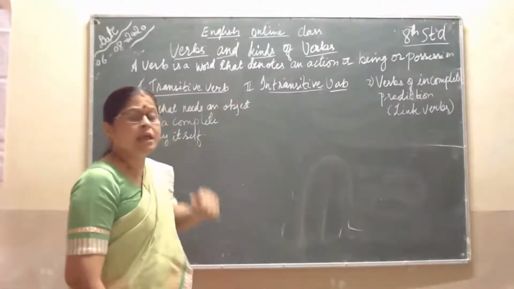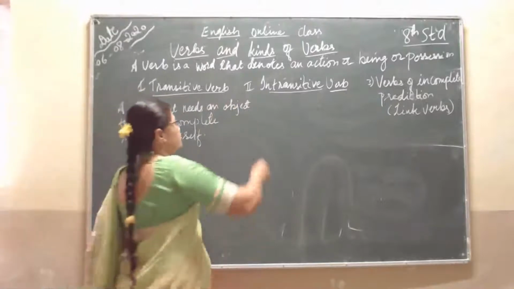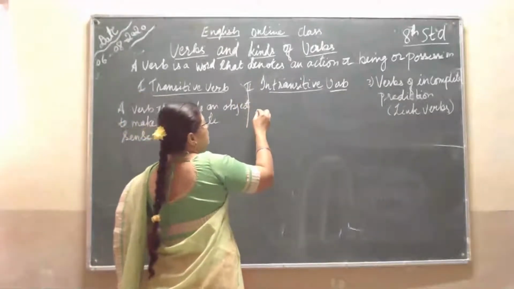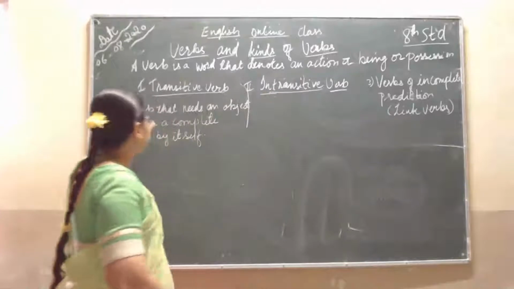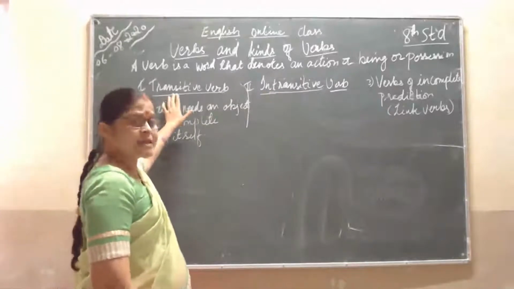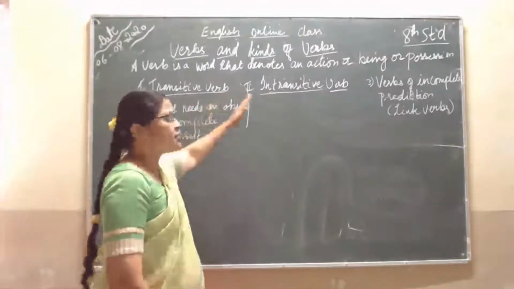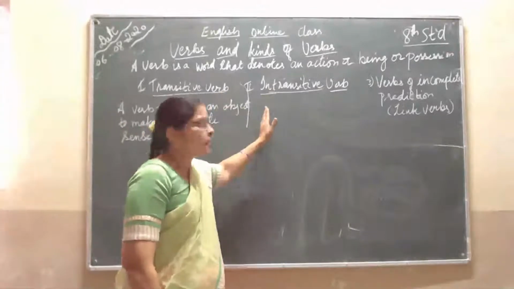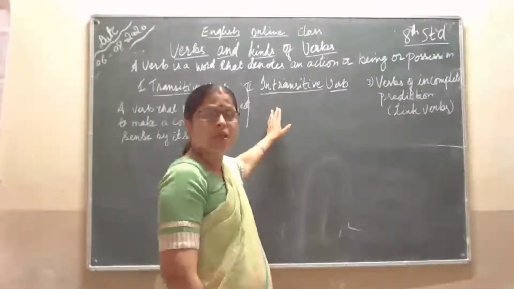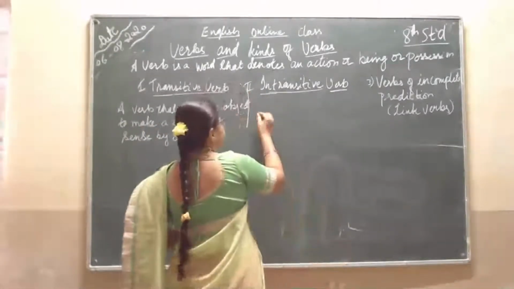Next come the intransitive verbs. A transitive verb needs an object to make sense, whereas an intransitive verb doesn't need any object to make sense.